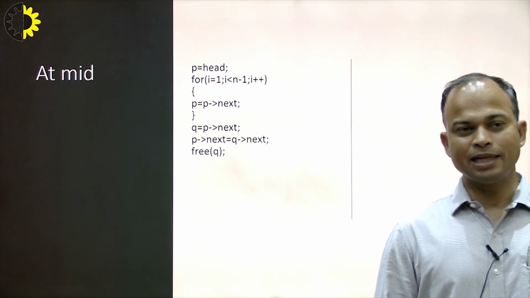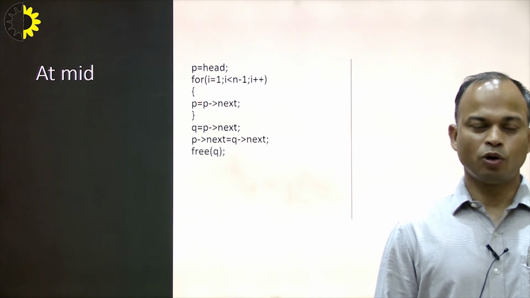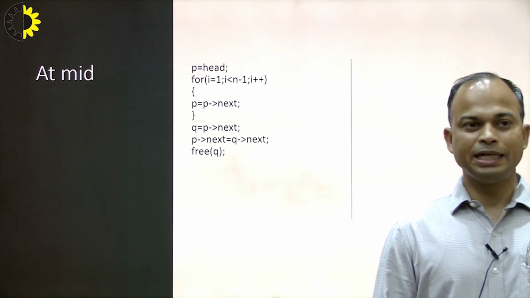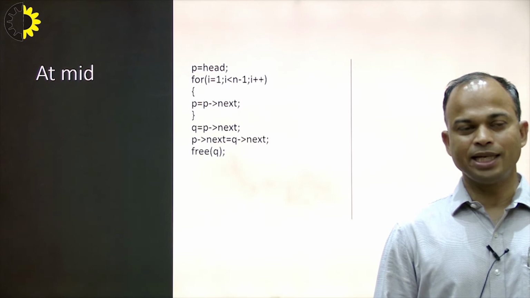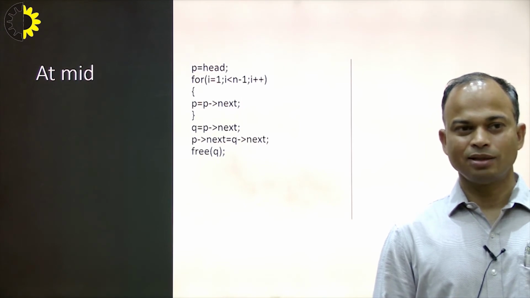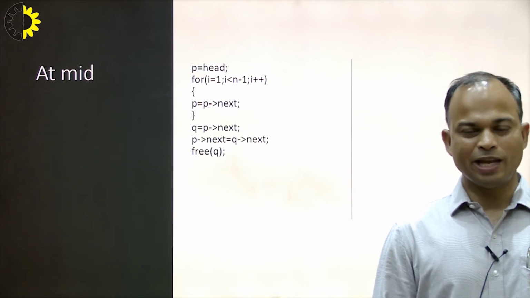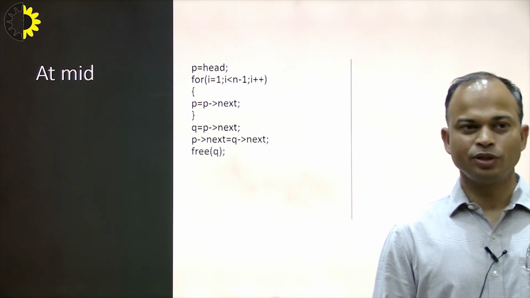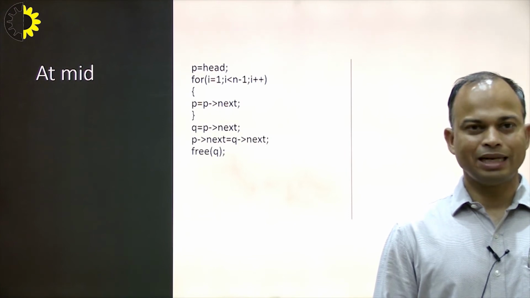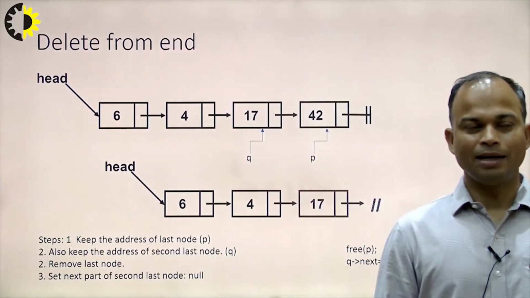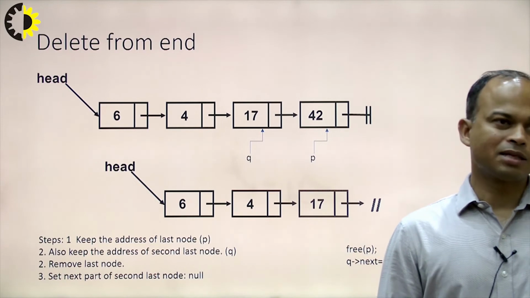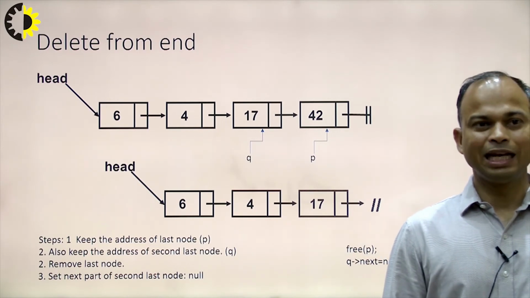We are keeping the address of the node which we want to delete, so q contains the address of the second node. This is the linking part: p arrow next equals q arrow next, and then we call free q. In this way the node is deleted.